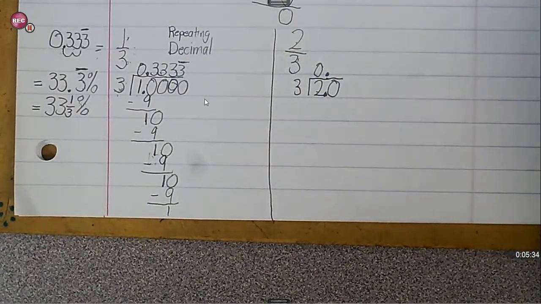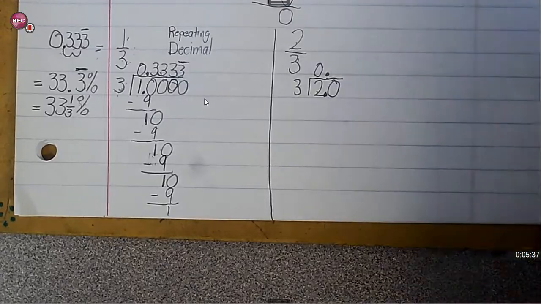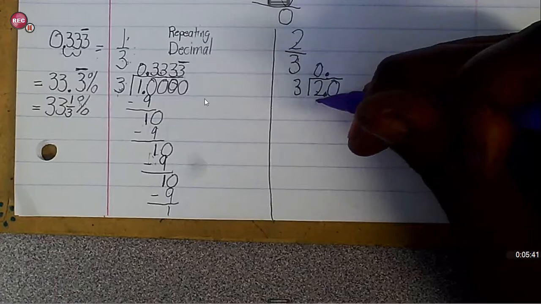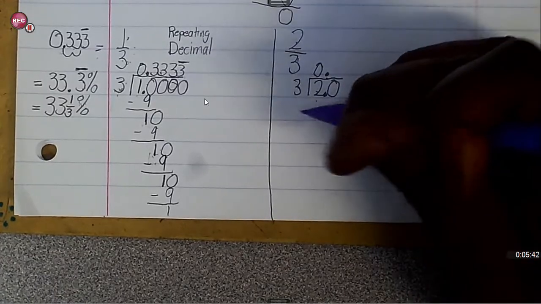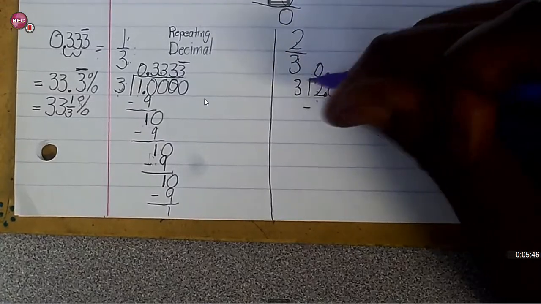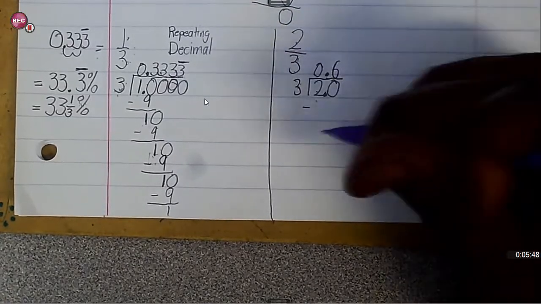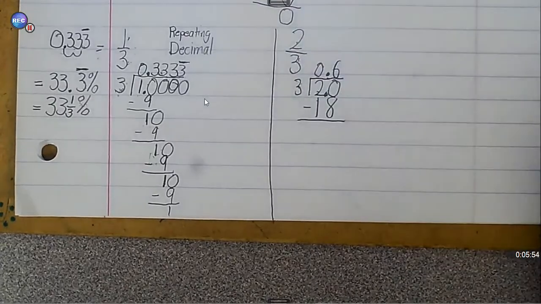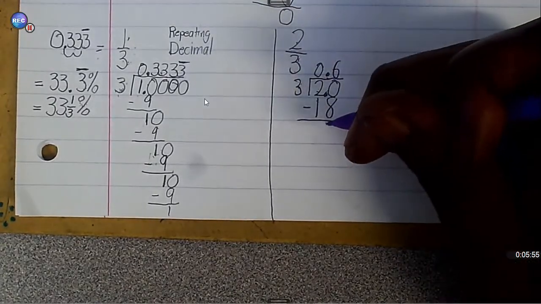Okay? So I'm going to divide. And when I divide, that's going to be 3 times 6. That's going to give me 18. When I divide, that'll be 2.